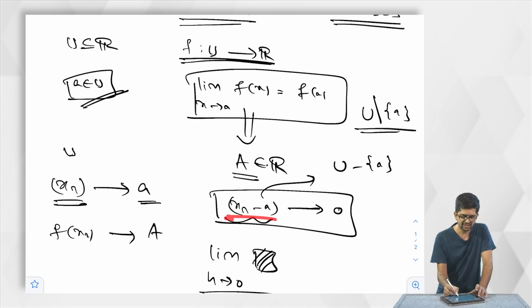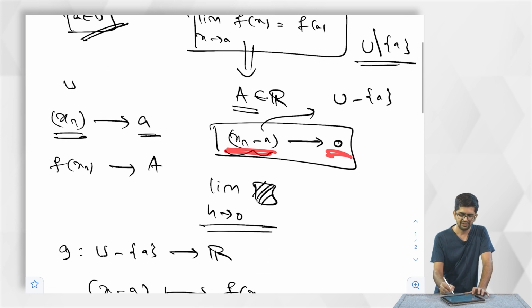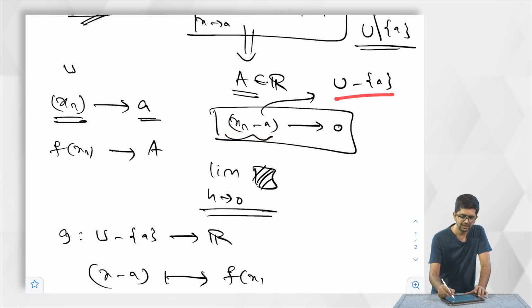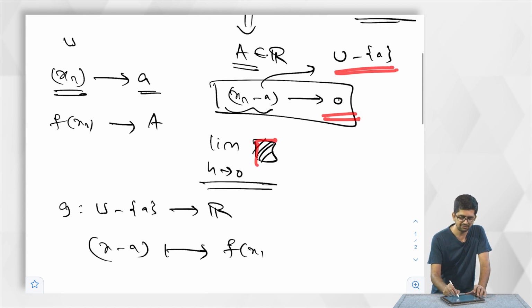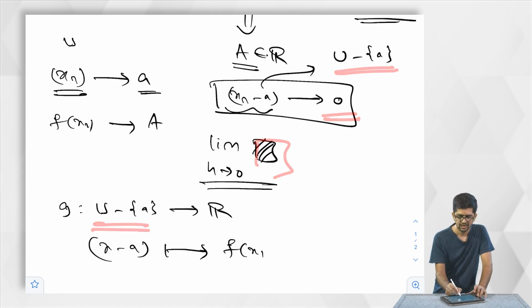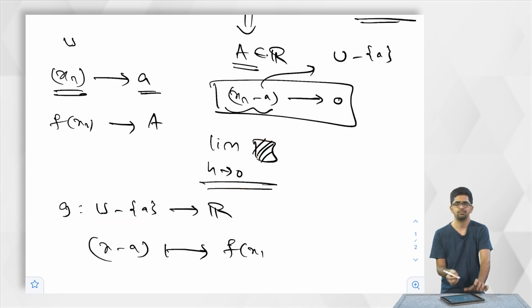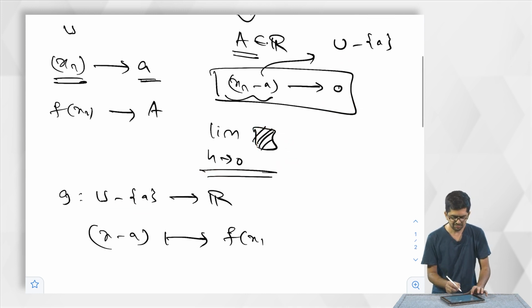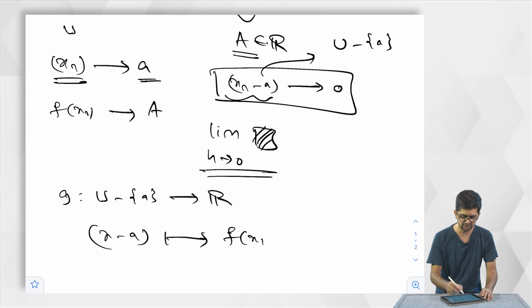Now, this difference converges to 0, so we have a sequence in U minus a that converges to 0. So, we can talk about limit of some function defined on U minus a as h goes to 0. This may be defined, may not be defined, that is secondary, but we can still talk about that notion. So, here this box that I mentioned, I am replacing that by this g of h.